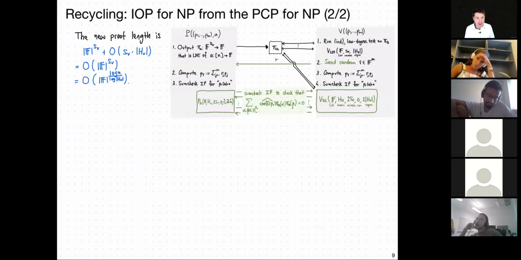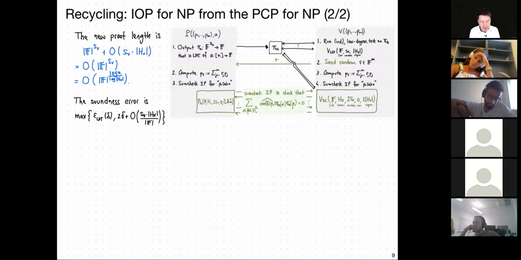Now, we haven't said yet what kind of polynomial it is. In order for us to understand the proof length, we need to understand how big of a field we need for soundness. Well, the soundness error doesn't change. It is the same as before. Either the logic test fails, or we fall into the noise of these two queries, or we pay for the soundness error of the sum-check.